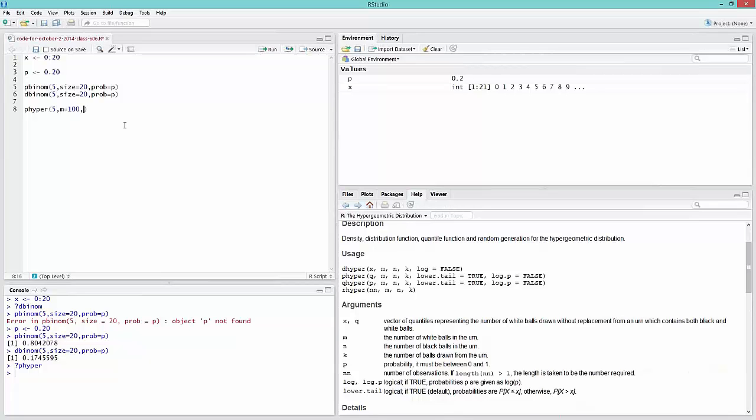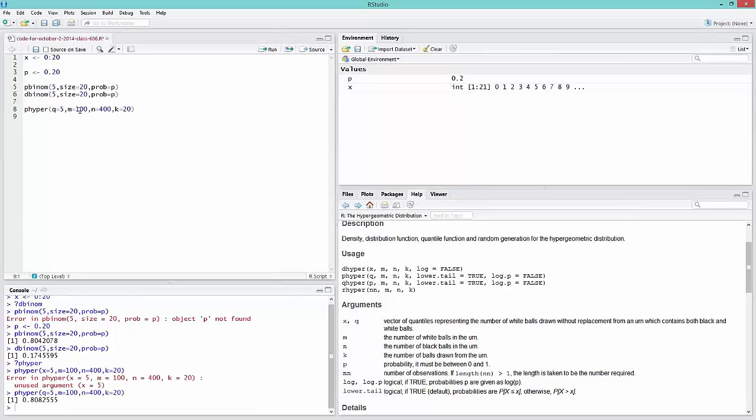The number of black balls in the urn is 400. The number of balls drawn from the urn is k equals 20. And q is 5, and it's 0.808. So for binomial we got 0.804 for the cumulative probability. For hypergeometric we get 0.808.